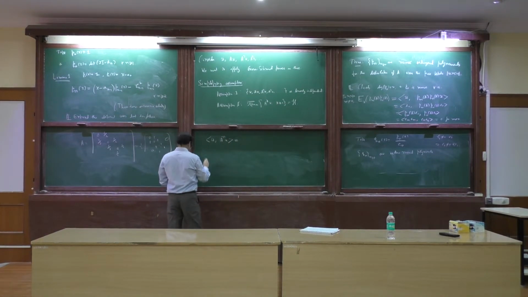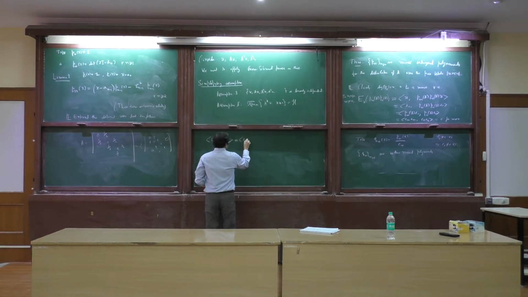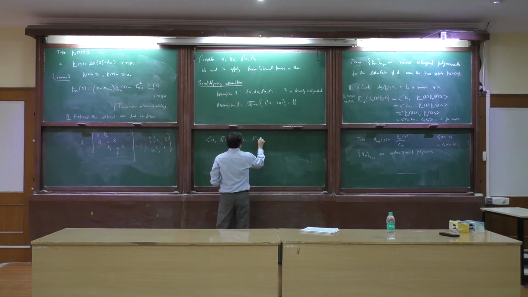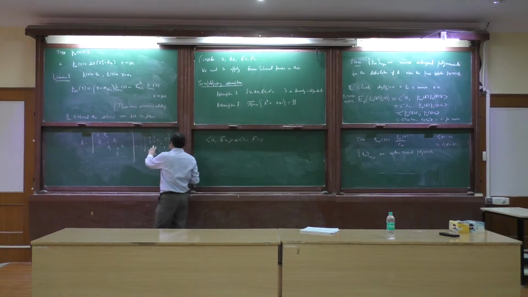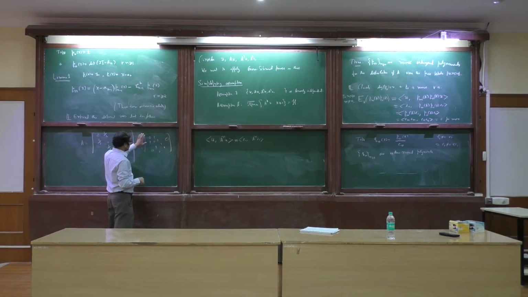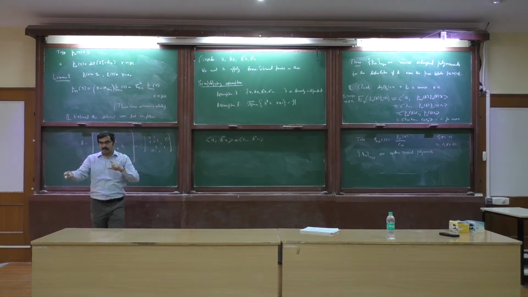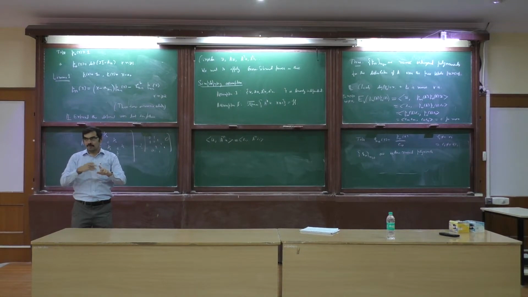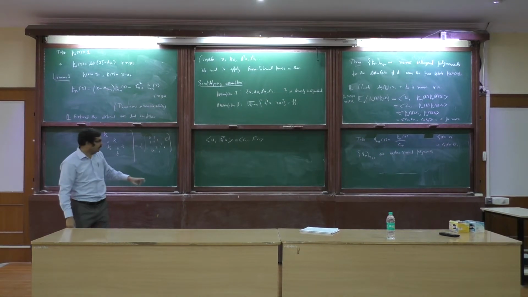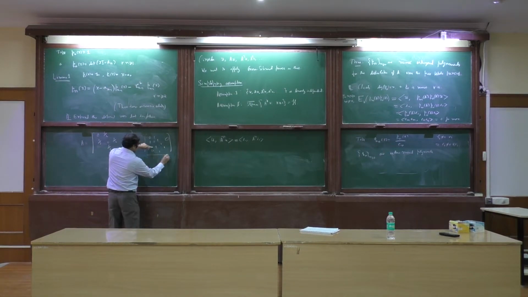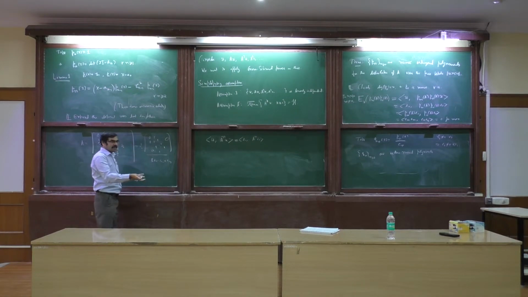U is the E0, to the power n. Now forget this half; half to the power something will come when you take the nth power. At each step you go one step above or one step below. Here in this matrix, A of En is En minus 1 plus En plus 1. One step back or one step forward.